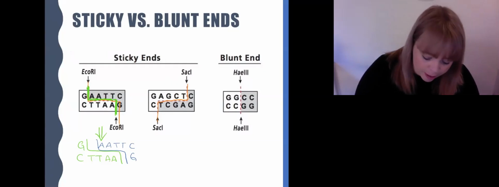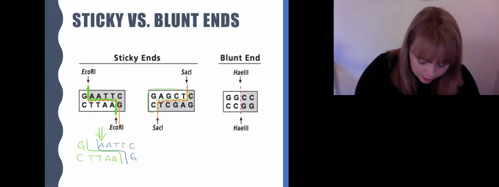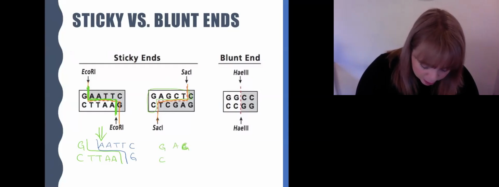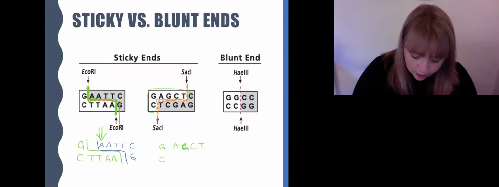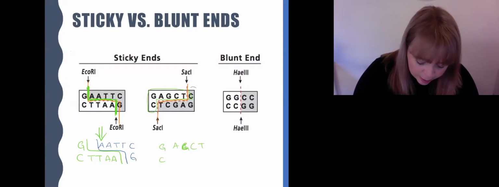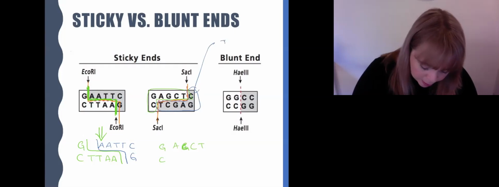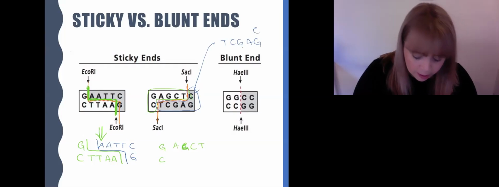Again, with this one, we're going to do this little section up here in green. That sticky end, once it's cut, is going to be like this: A, G, C, T. And then this second bit over here is going to end up looking like this: T, C, G, A, G, and then a C on top.